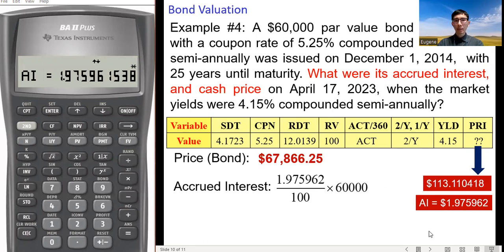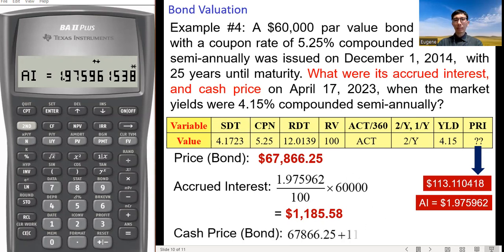So the accrued interest is $1,185.58. So what is the purchase price or the cash price of the bond? This is the total of the market price, the $67,000, and the accrued interest. So sum these two values, and we get the purchase price or the cash price of the bond, which is $69,051.83.